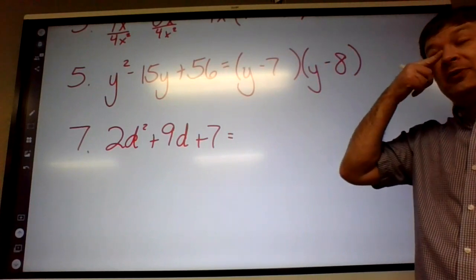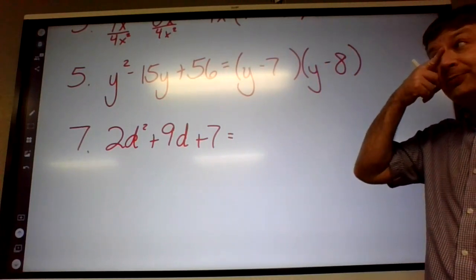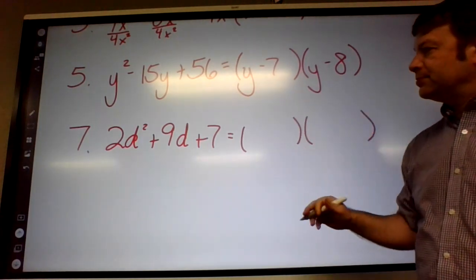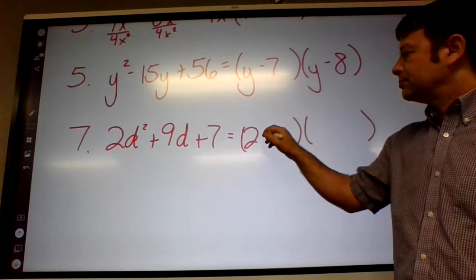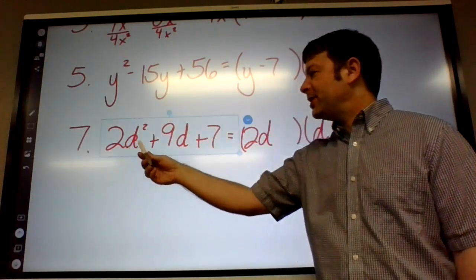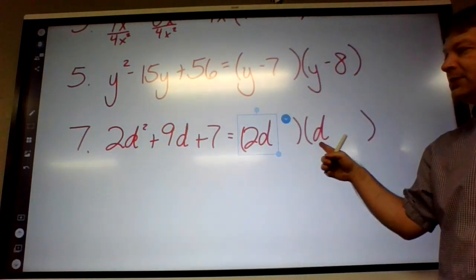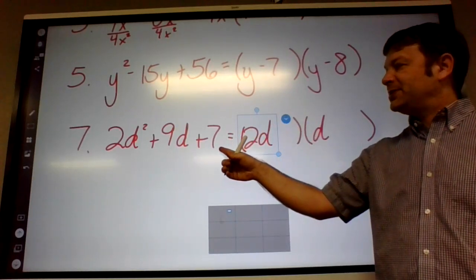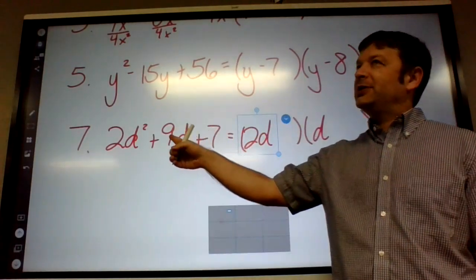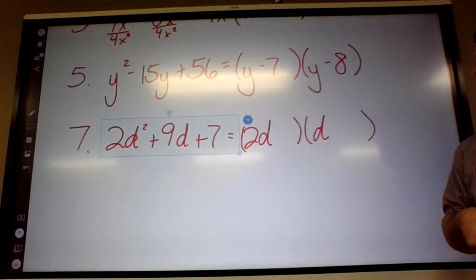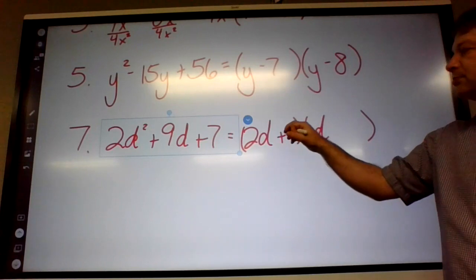If there's a number in front of the d squared, the rules change a little bit. You do parentheses, 2d, and then you do d on the other side. What multiplies into 2d squared? That would be 2d times d. And then for the back, it's what multiplies into 7, but we're no longer saying that adds up to 9. When you do plus 7, first one plus 1.